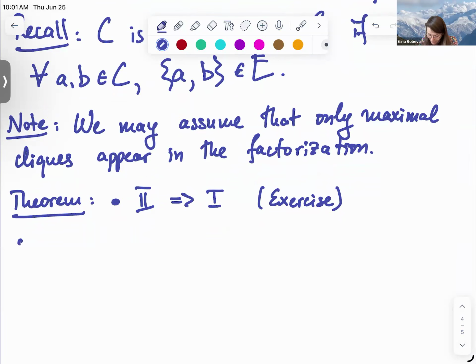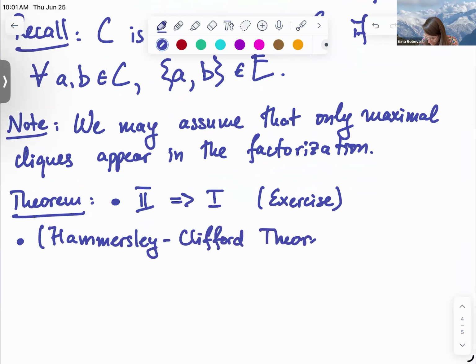And then the second part, which is actually the more difficult part, is called the Hammersley-Clifford theorem. It's the other way. And it's not always true, actually.